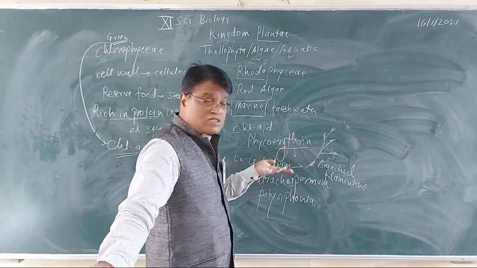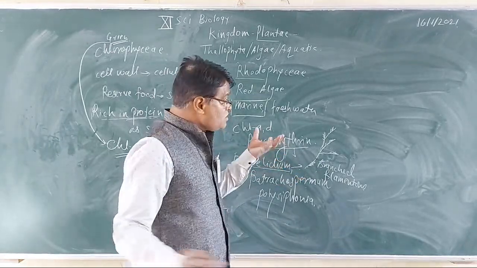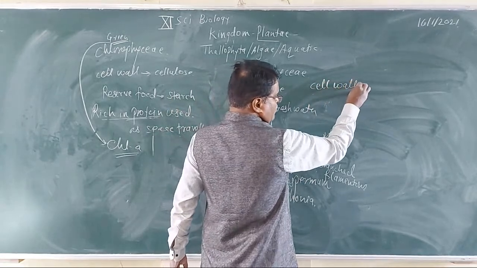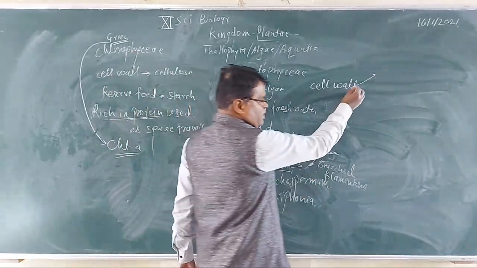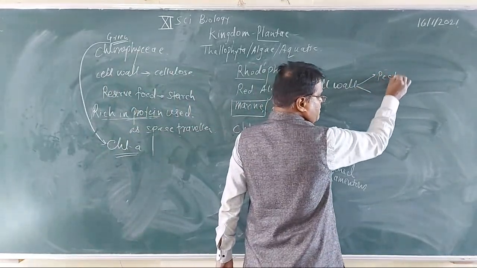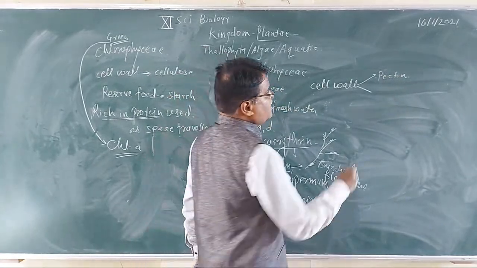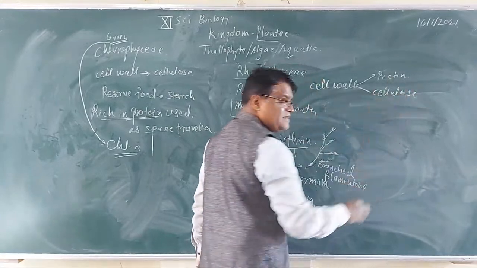Suppose I would like to take a section and observe under the microscope. Then the cell wall: two types of cell walls are seen. One is pectin, a type of protein, and another is cellulose.